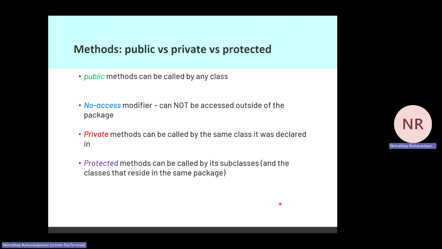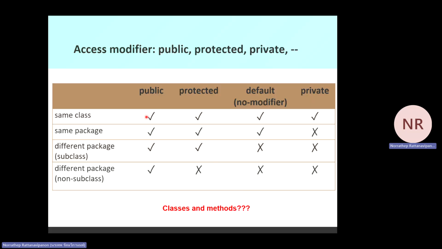Methods, if you declare methods to be public, they actually follow the same table here, right? The method can be accessed by anyone, including the classes that are not in the same package. Similarly, private methods also follow this table.